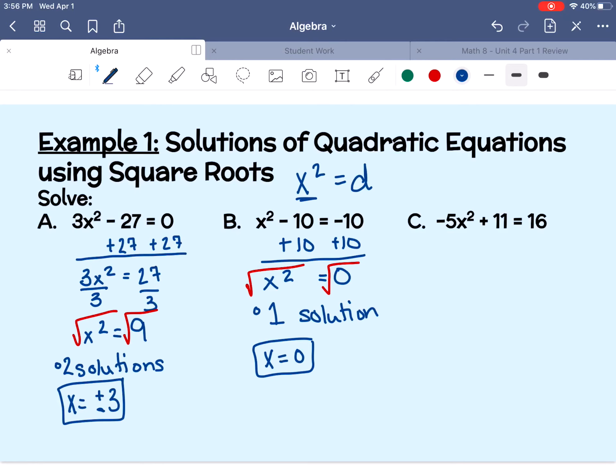Okay. Our final problem here, negative 5x squared plus 11 equals 16. Again, we're going to move the 11 first of all. So now we're left with negative 5x squared equals 5. And then we want the x squared by itself, so we're going to divide both sides by negative 5. And now we have x squared equals negative 1.